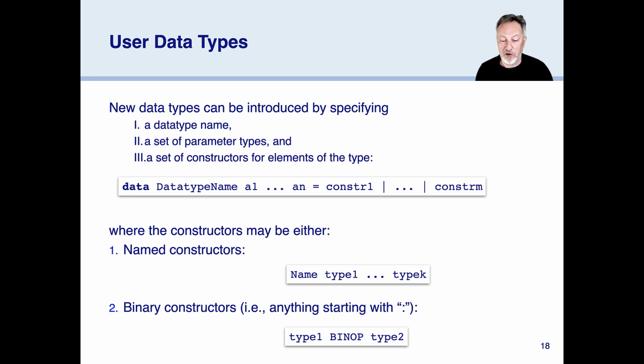Each of these constructors serves two purposes. On the one hand, you use it to construct values, but, and this is important, you can also use it to deconstruct values. So in order to do anything with the data type, once you've encapsulated a set of values, you need to have a function which will deconstruct the values using the pattern matching way of defining functions. So we'll see how that works immediately.